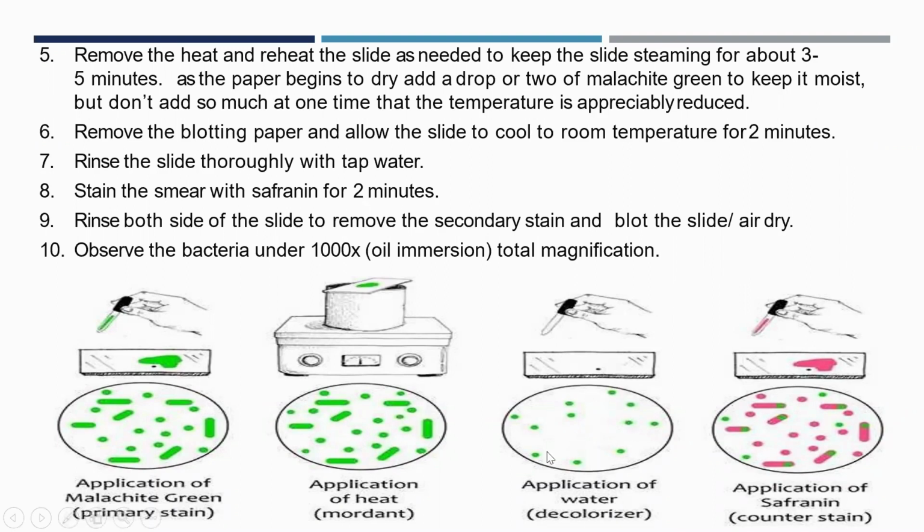But during the washing, the green vegetative cells become colorless, but not the endospore, because once the endospore takes up the primary stain malachite green, it never loses the stain, and it appears green in color. After washing, flood the smear with the counter stain safranin for 1 to 2 minutes, wash the slide again under a gentle flow of water, and then observe the smear under the oil immersion lens at 100x.